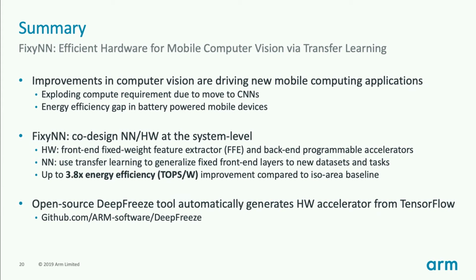FixyNN is a first attempt to think about co-designing the neural network architecture and the hardware. The hardware consists of a front-end fixed-weight feature extractor and a back-end programmable accelerator. We then use transfer learning to generalize that fixed front end to new data sets and tasks. And we showed up to 3.8 times energy efficiency improvement.